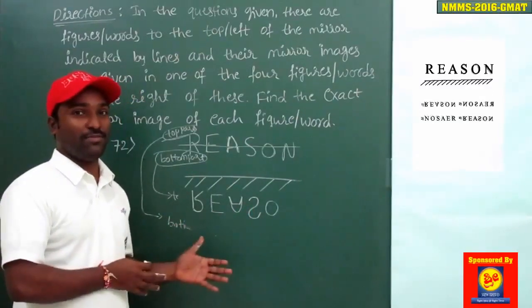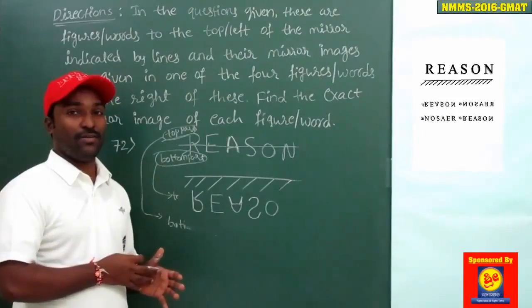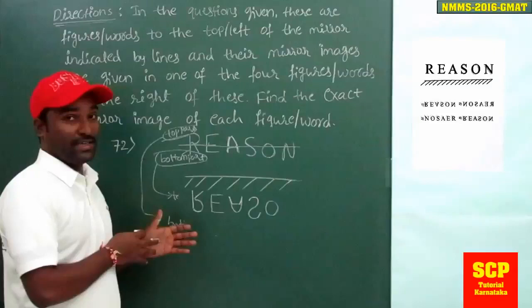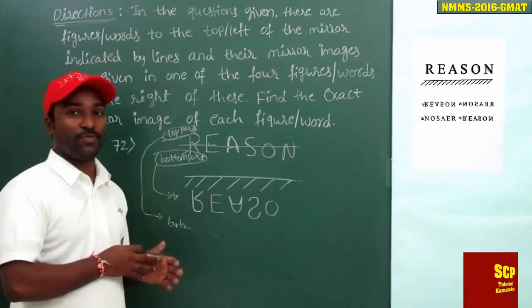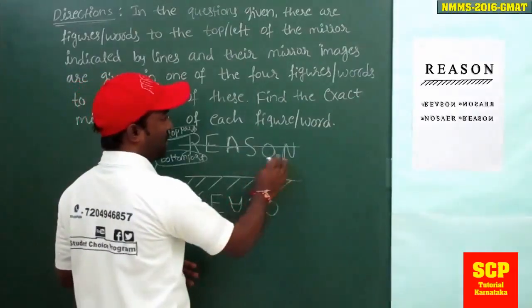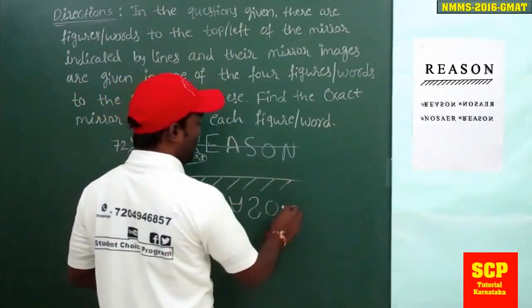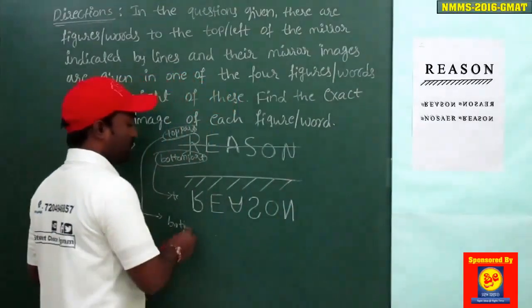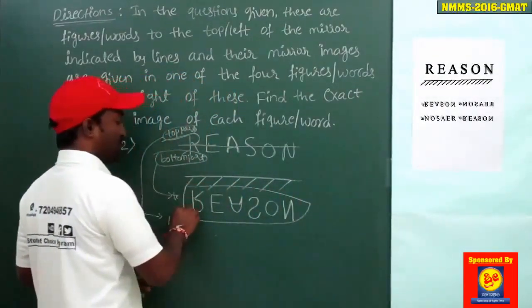If you see that in a mirror, in water, or directly through your eyes on the board or on anything, it's going to appear the same. Next, coming to the last letter, that is N, how will this appear? This will appear like this.